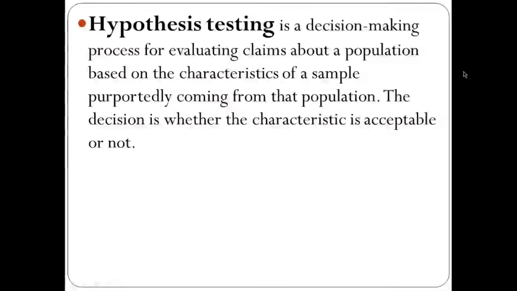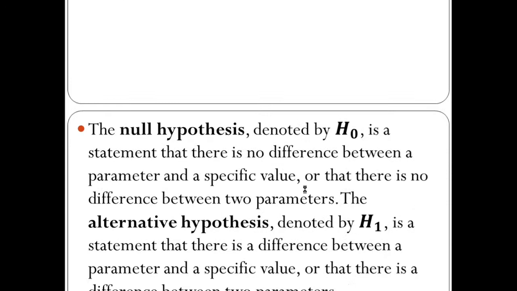Okay, so another hypothesis testing is a decision-making process for evaluating claims about a population based on the characteristics of a sample purportedly coming from that population. So, the decision is whether the characteristics is acceptable or not.